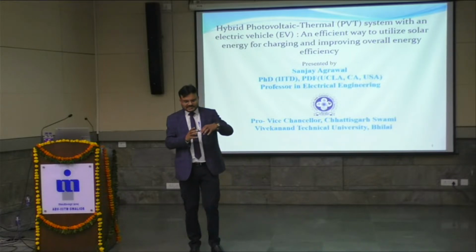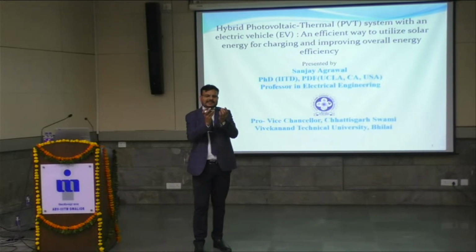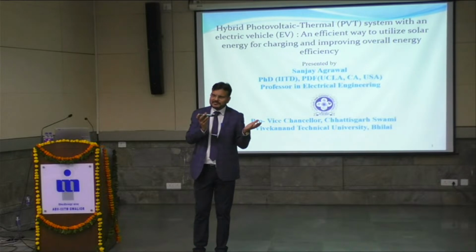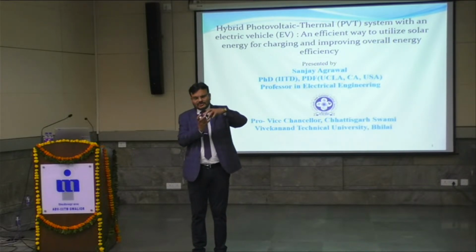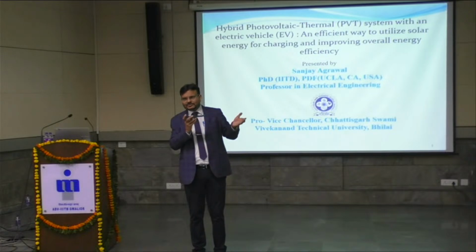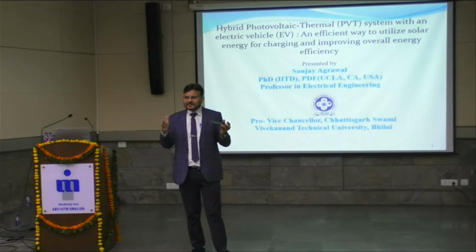Now, because you are making one duct below the solar cell, this temperature is T1, the ambient temperature, and the temperature you are collecting at the outlet point I am assuming is T2. So T1 is less than T2, or you can say T2 is more than T1. So there is a difference in temperature.